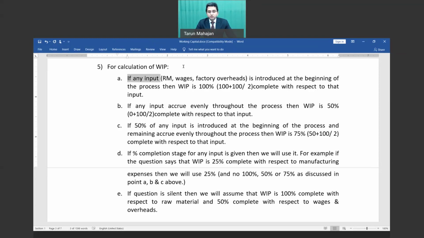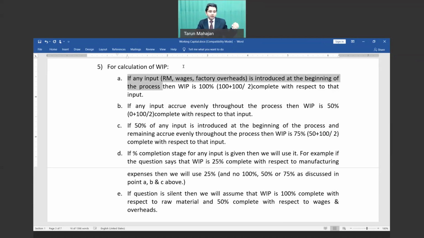If any input, raw material or wages or factory overhead, is introduced at the beginning of the process, and usually it is raw material which is introduced at the beginning of the process. So raw material is introduced at the beginning of the process itself. At the beginning of the process, raw material is introduced, and then it keeps on moving and converted into finished goods.